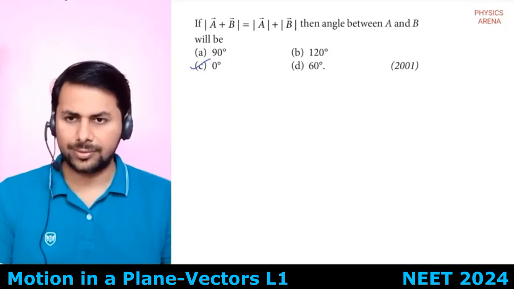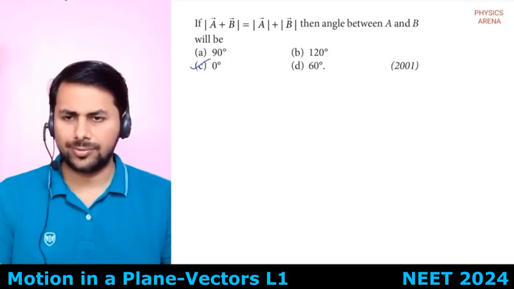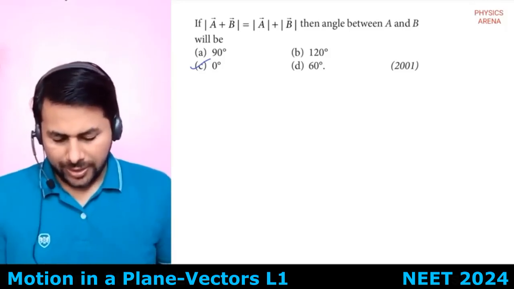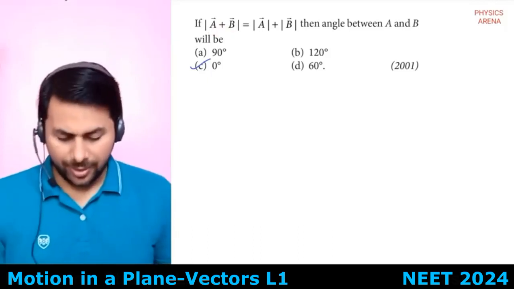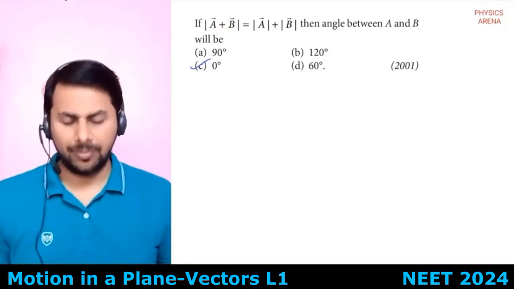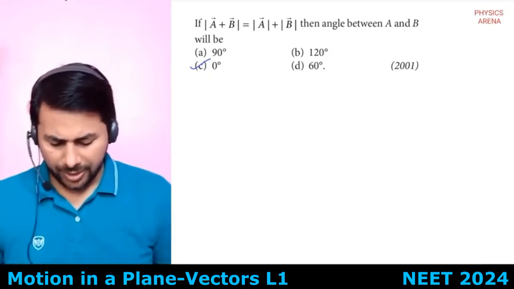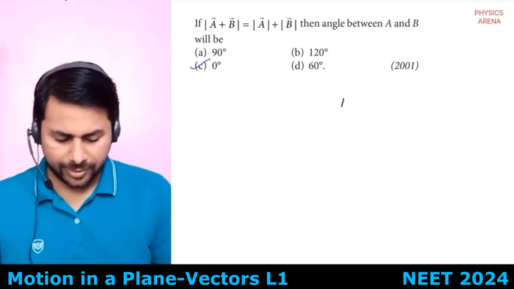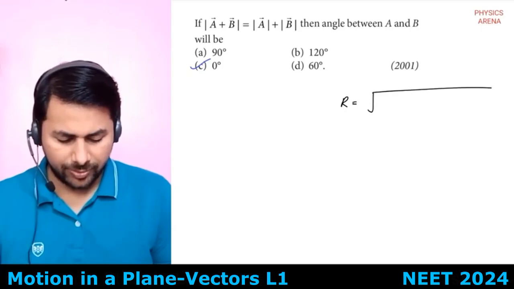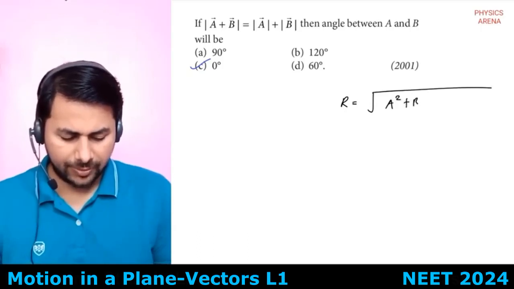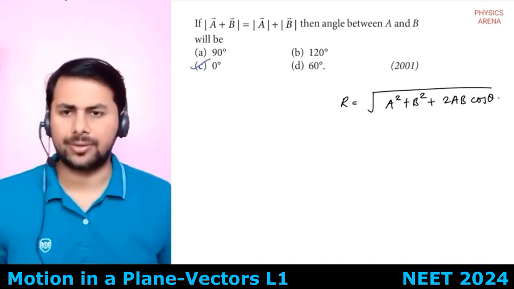Alright, you have a bar and b bar, two vectors, you are adding them. So now we can solve this using this formula. R is equal to square root of a square plus b square plus 2ab multiplied by cos of theta.